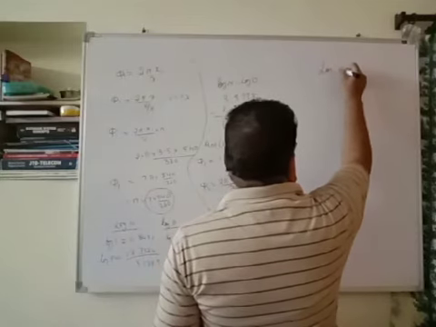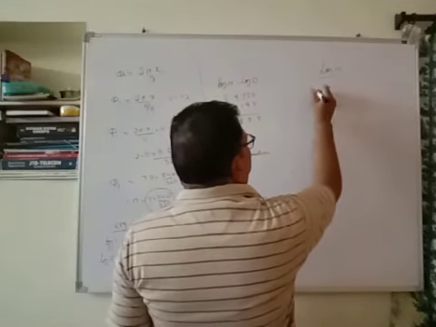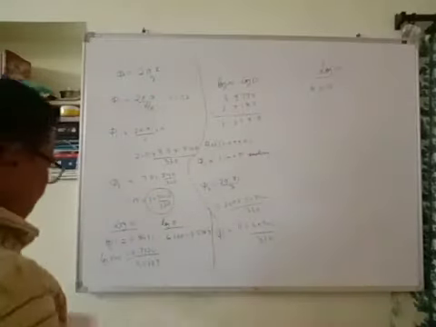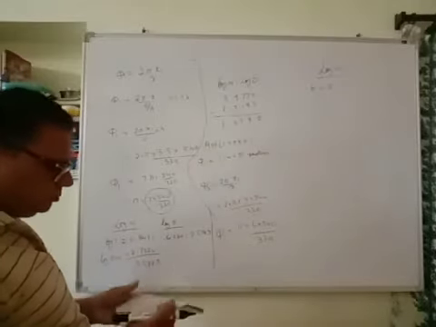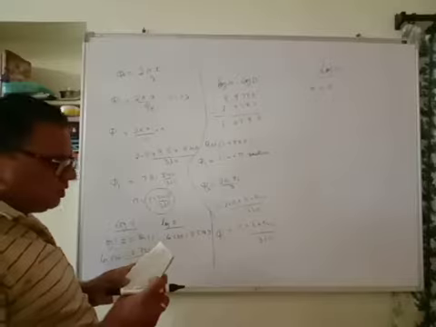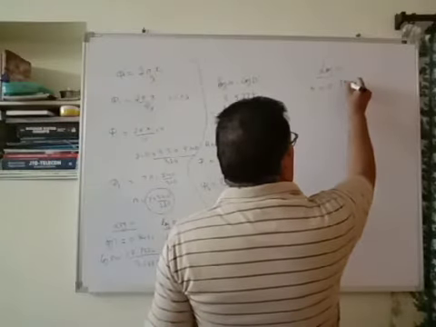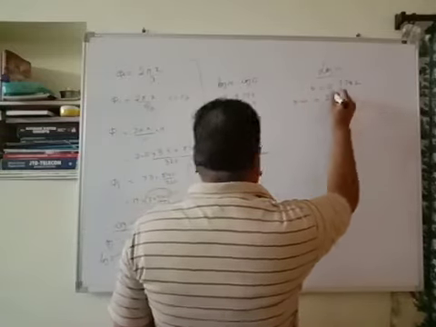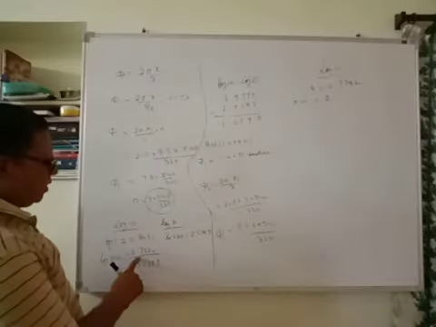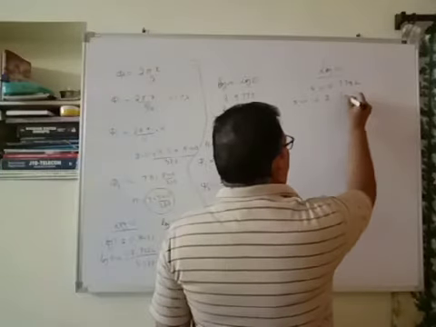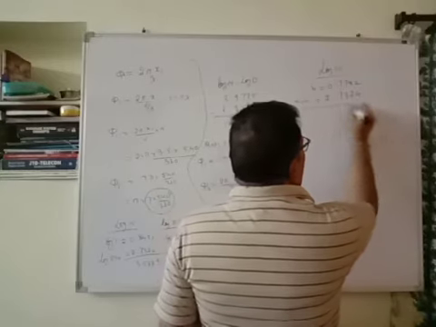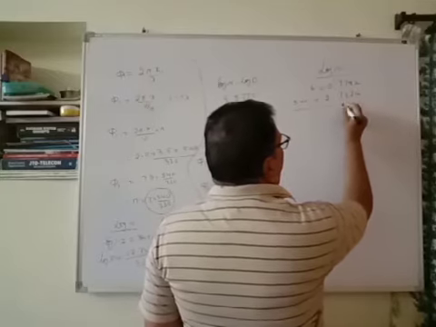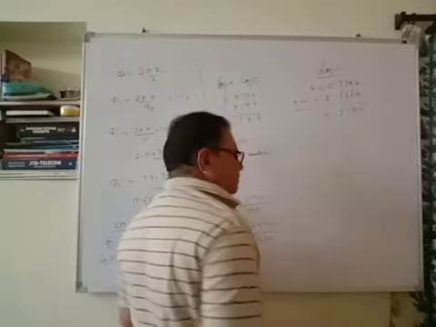Log of 6 is 0.7782. Log of 540 is 2.7324. Add them: 3.5106.